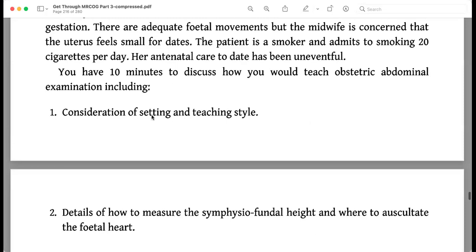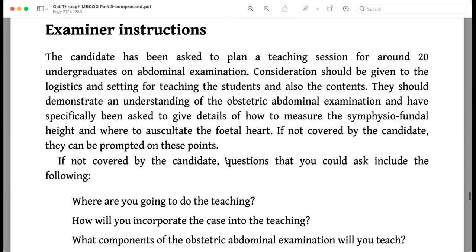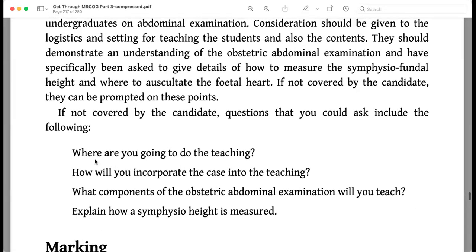Consideration of sitting and the teaching style. So you have to mention the sitting and the teaching style, not go to the topic directly. That's why I asked you where you are going to do the teaching, and how will you incorporate the case into the teaching?